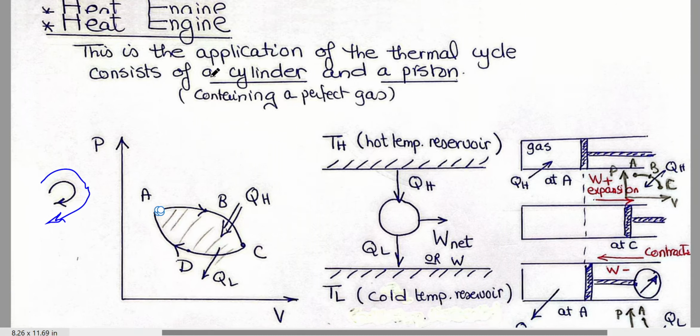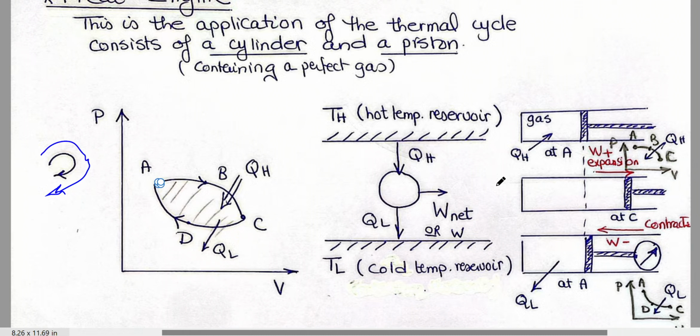In order to sketch the heat engine, we will sketch it as follows. We will have TH and TL and a circle between them. TH means the hot temperature reservoir and TL is the cold temperature reservoir. We have a heat engine working between TH and TL.